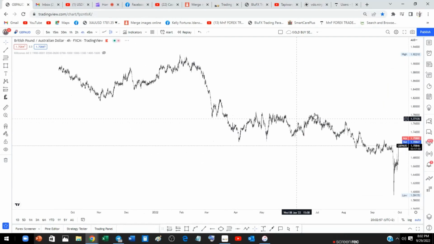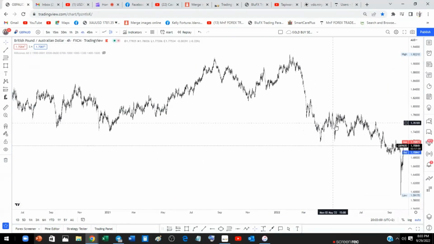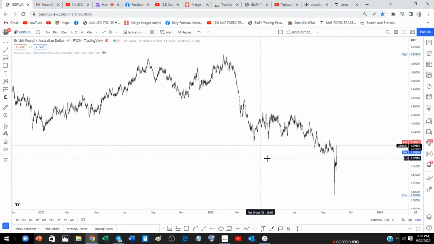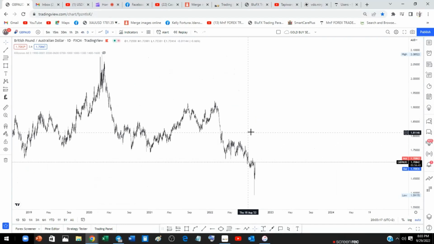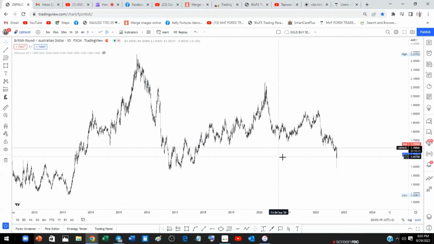All right, so like always, what you always have to do is determine the overall direction of the market. How do you do that? You have to zoom out of your chart or go to the higher time frame. So if we go to the higher time frame, this is on the daily chart.